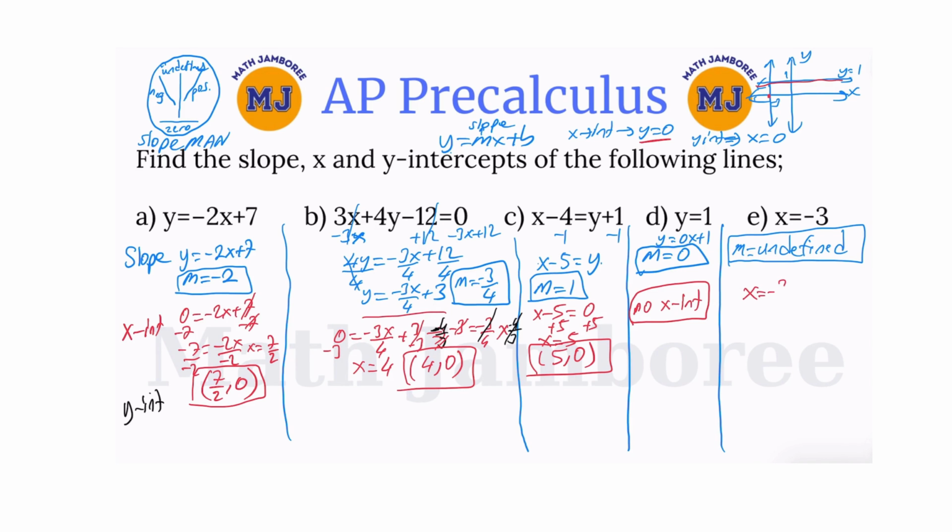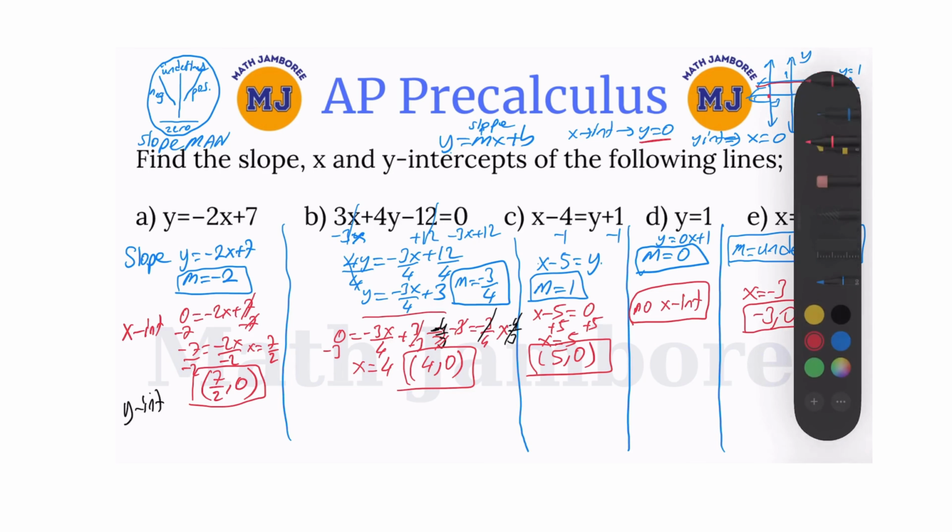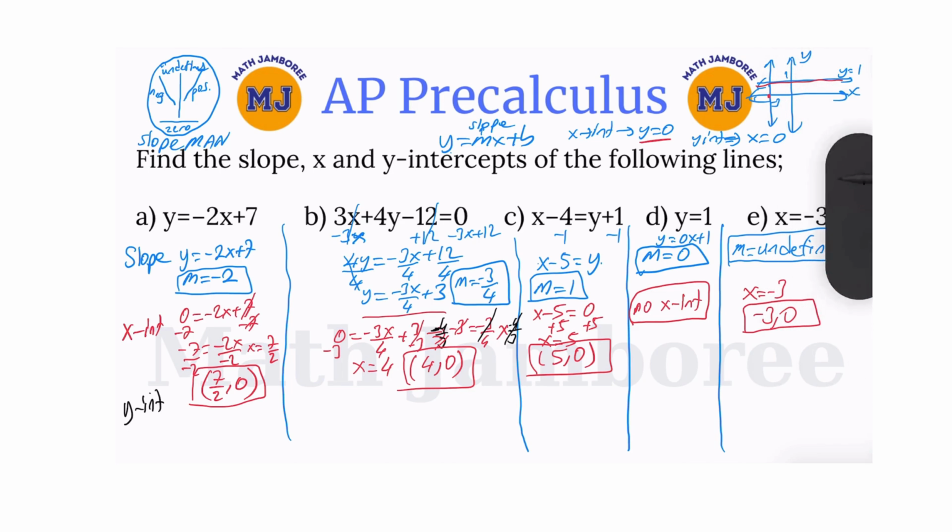This is obviously by itself, so you can just say that (-3, 0) is the x-intercept.